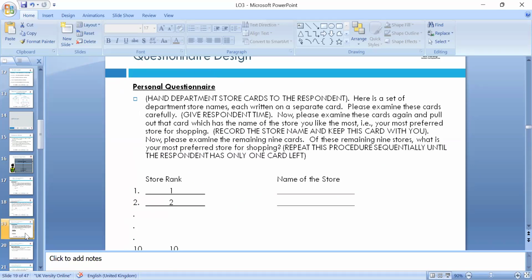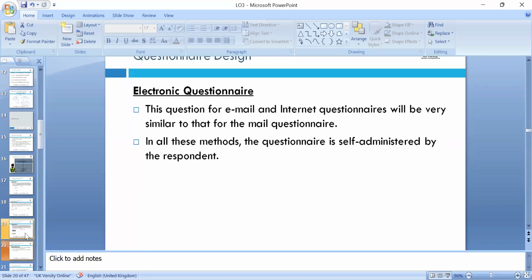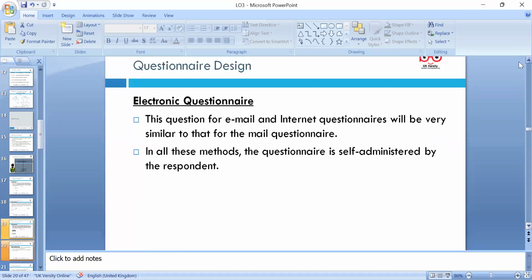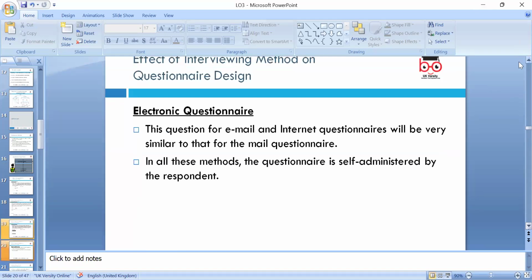Others can be personal questions. Maybe we can say rank the stores and write the name of the number 1 store according to the list of stores, so we can understand their thinking. You need to design the question in a way that's convenient for your audience.